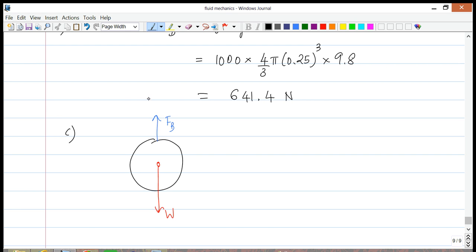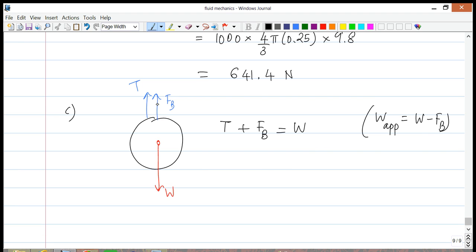So the tension in the cable T is the force pulling up, and since it's in equilibrium, I can write T plus FB equals W. Remember, we can always use this: apparent weight is equal to the true weight minus the buoyant force. That would be the formula in general.